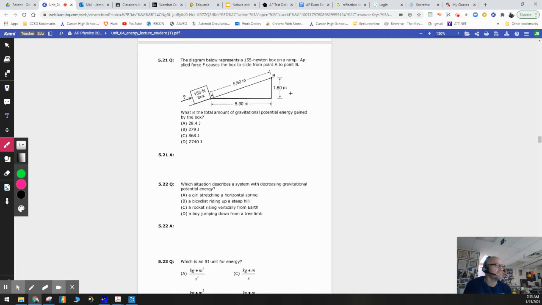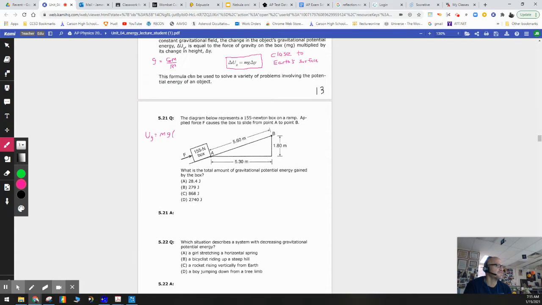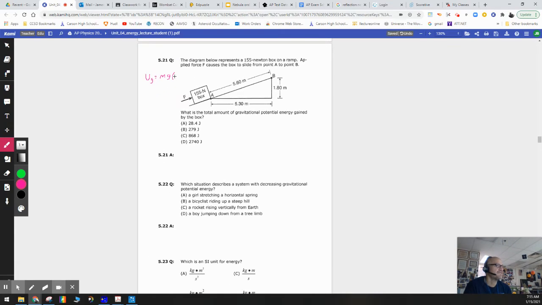The only thing that matters, remember now, I'm going to give you a hint here. Gravitational potential energy is equal to the mass of the box times g, and I'm going to go ahead and do this here. Now, what was it up here? They had y, right? So we're going to have the final y position minus the initial y position. So when I look at this here, I'm not concerned about the 5.6.